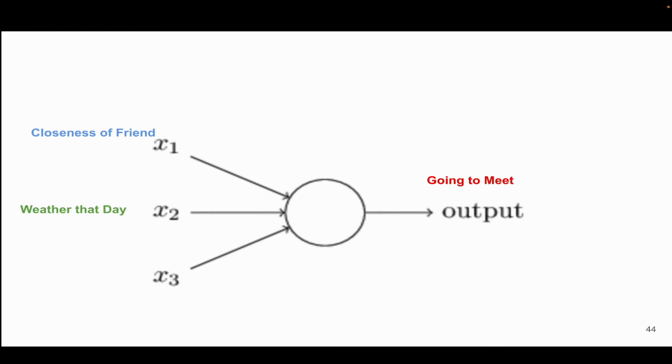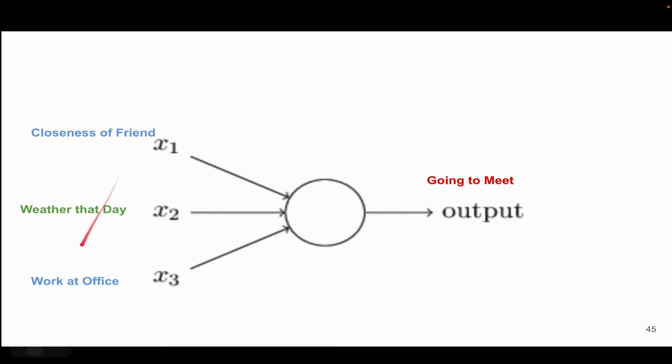But if the weather is pleasant, then you will go to visit that friend, right? The third factor is work at office. If you have a lot of work at office, then you will not be able to meet that friend because you have to work. But if the work is not there, then definitely you can try to meet that friend.